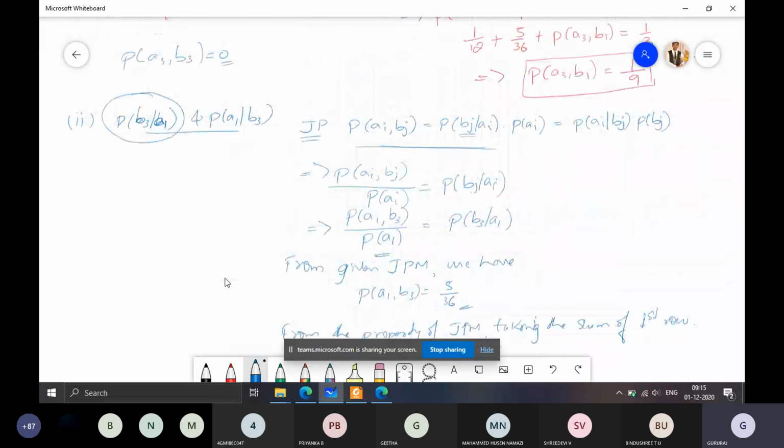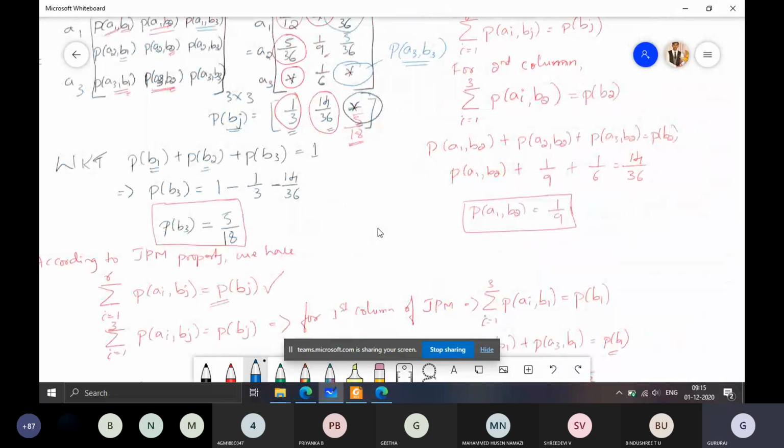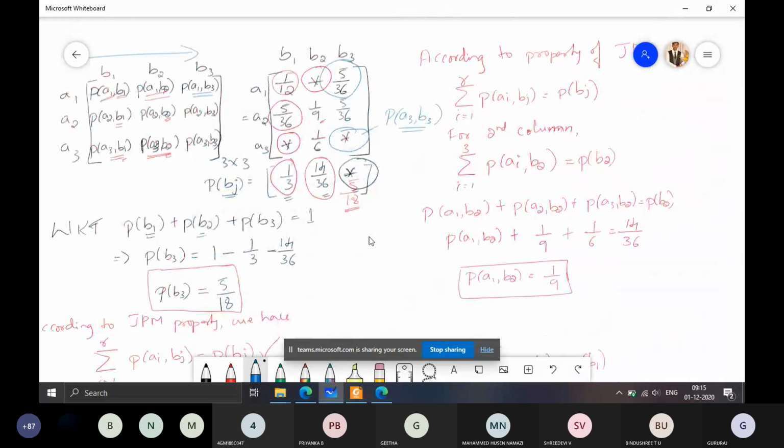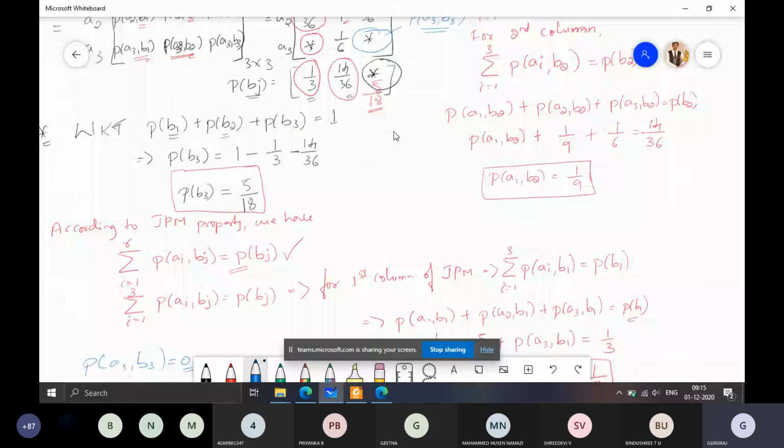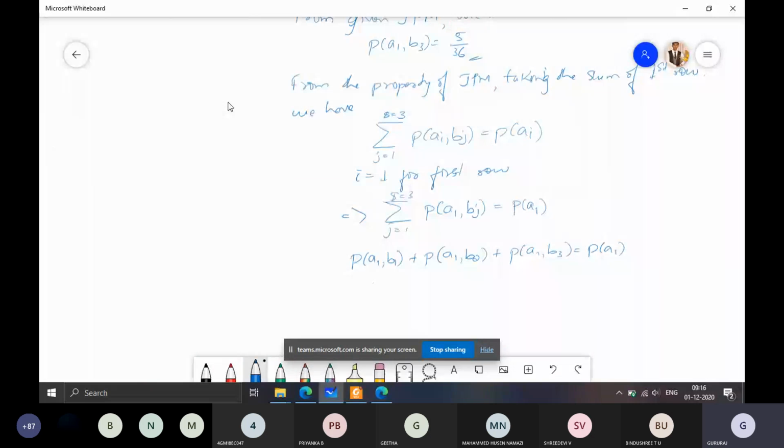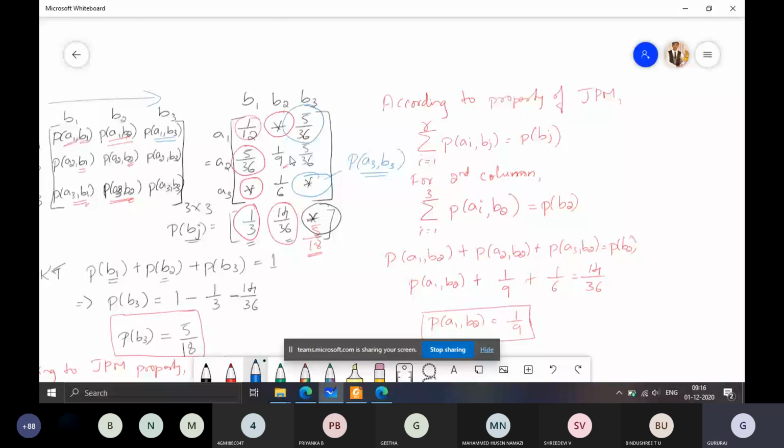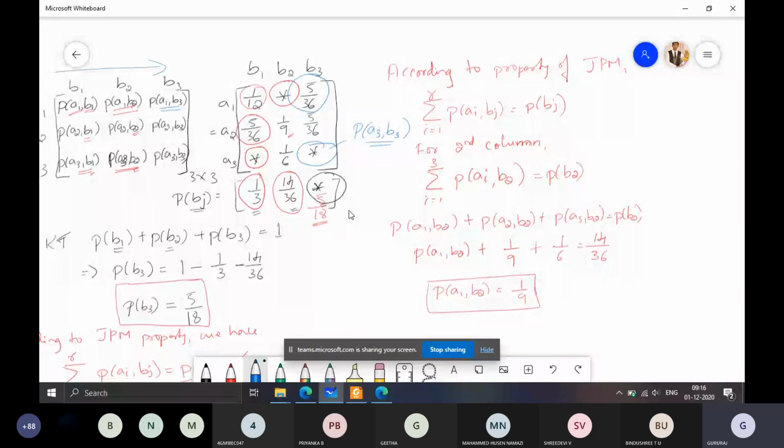From the JPM it is 1 by 12. Next, P of A1 comma B2 was an unknown value, but we found it: it is 1 by 9.